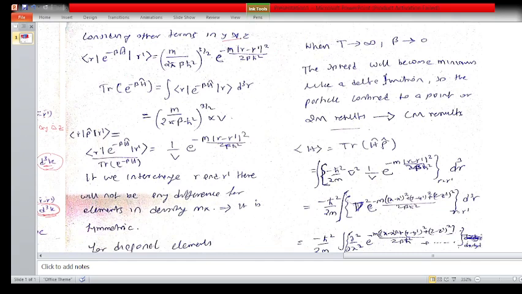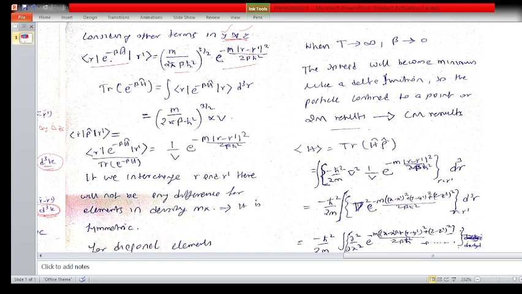For y and z also we calculate, then we get the final expression for r e raised to minus beta h r dash, which is m by 2 pi beta h cross square, root, for x only. If you take y and z also, then that product will come. So we have this term, root of m by 2 pi beta h cross square cube, which we have written as power 3 by 2. Then this term e raised to minus m, for all x, y, z we have (r minus r dash) square by 2 beta h cross square.